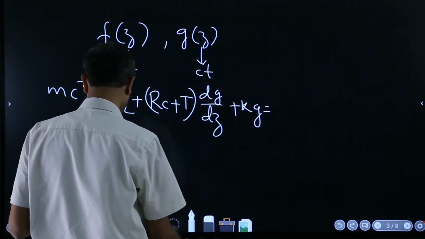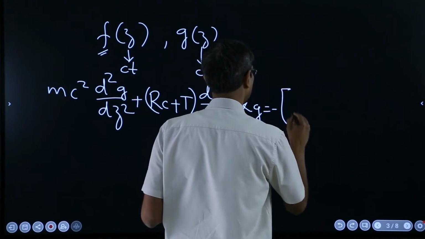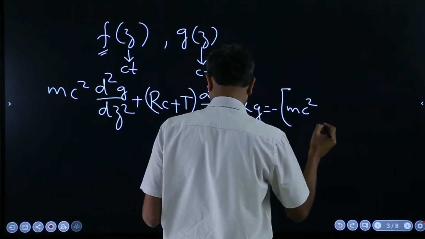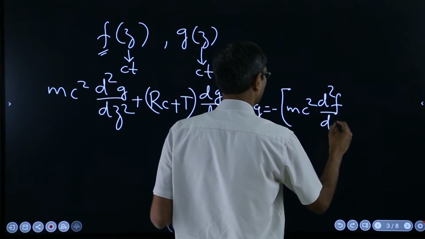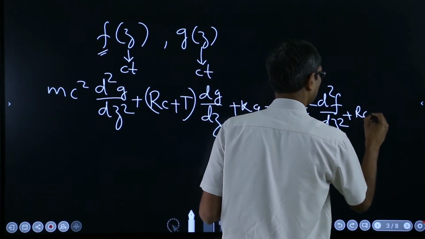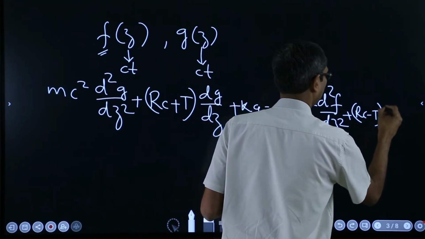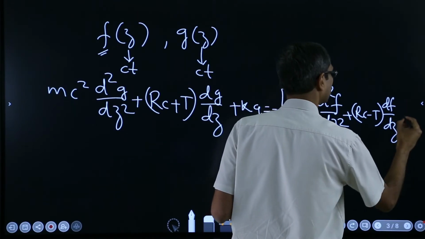This is for the g, and on the other side you will get minus m c square plus rc minus d df by dz plus kf.